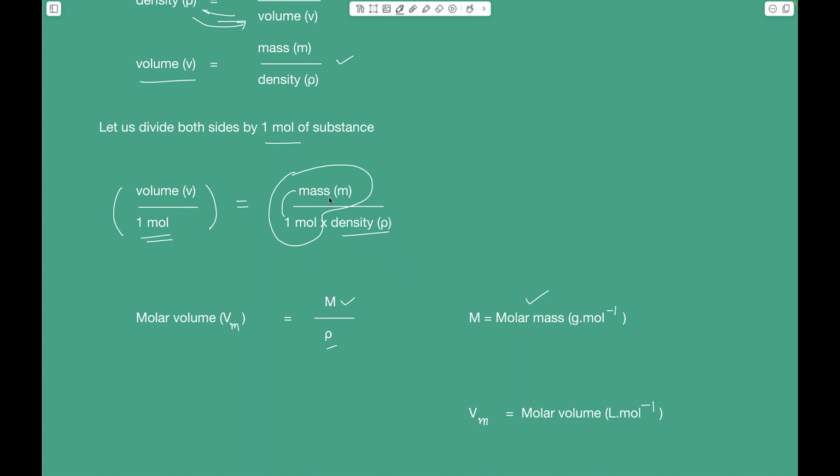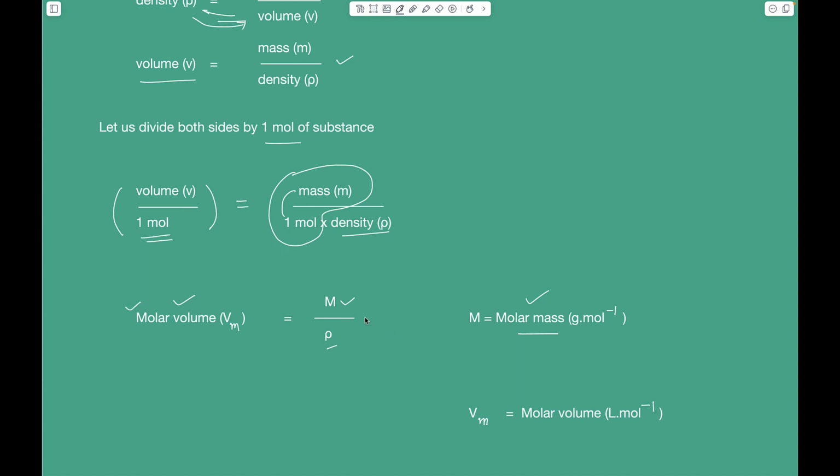If mass of the substance per 1 mole of the substance is called molar mass, then volume of the substance per 1 mole of the substance will be called molar volume, right? And that's exactly what we have here.